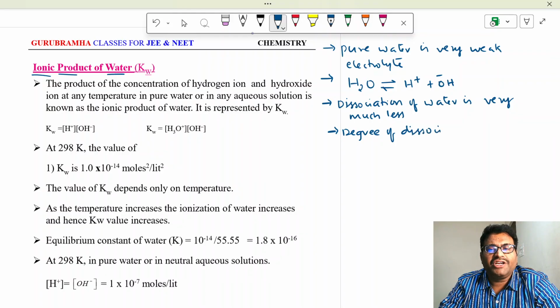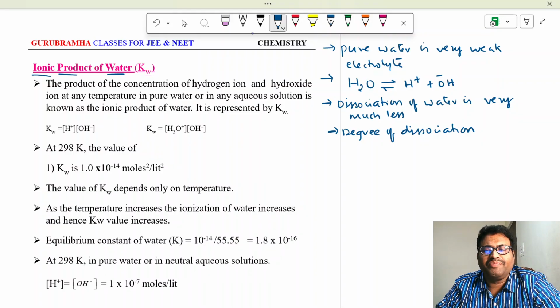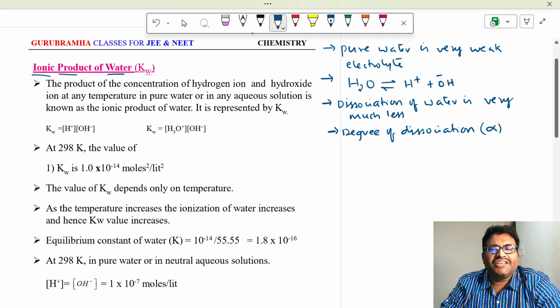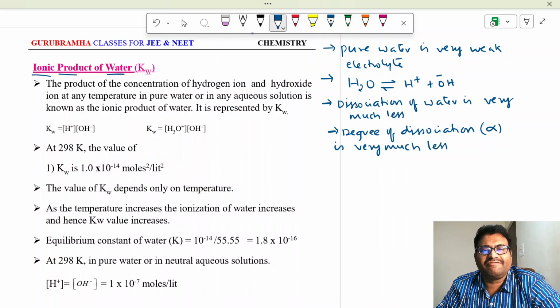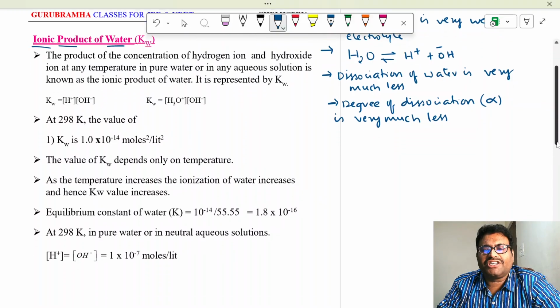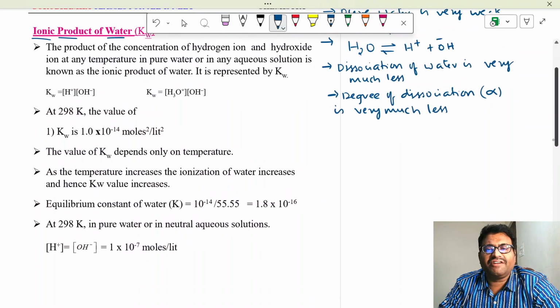How do we represent degree of dissociation? We have studied in chemical equilibrium. It is represented as alpha. Its degree of dissociation is very less. What is degree of dissociation?